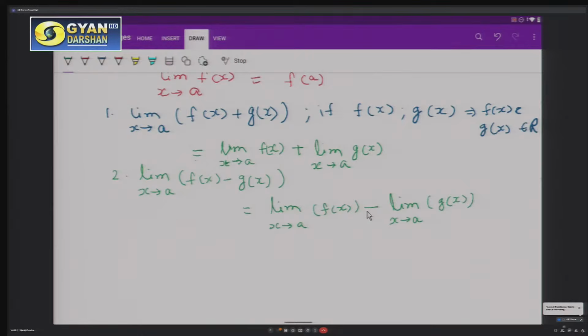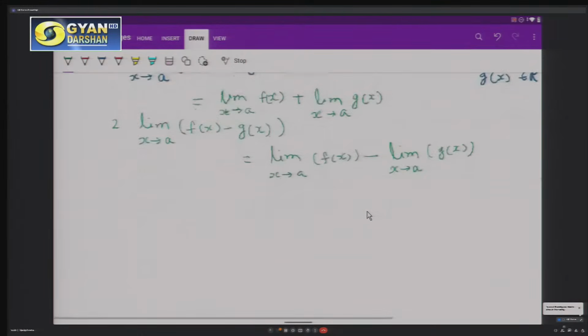This concept will be used because sometimes it is not easy to calculate f(x) minus g(x), or it is not defined, but you take the limit of the different functions and then you can subtract or add.